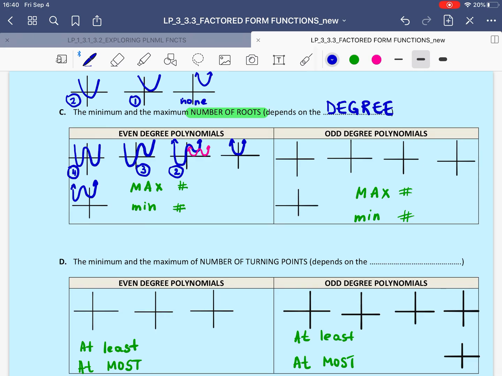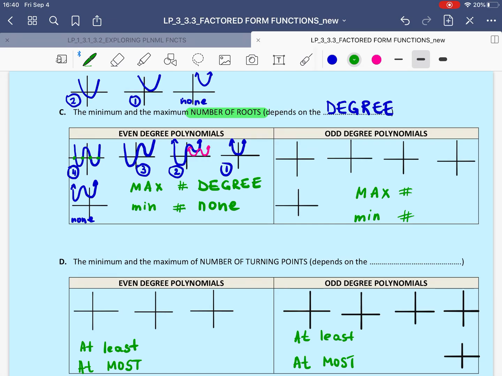Just like it opens up, it can open down as well. So you can have 1 root or you can have no roots. So we're going to say the maximum number of roots is equal to the degree of the function. As you see here, the maximum number of roots a function could have was 4. The minimum number of roots equals no roots at all.